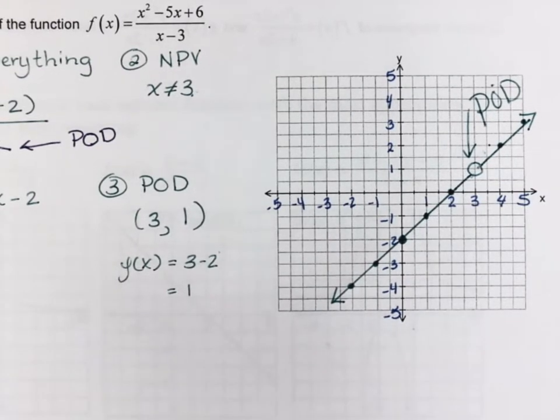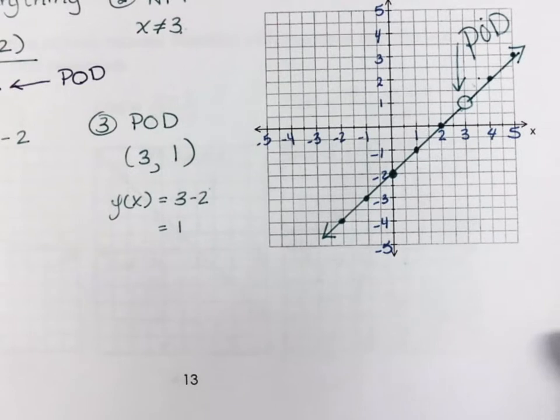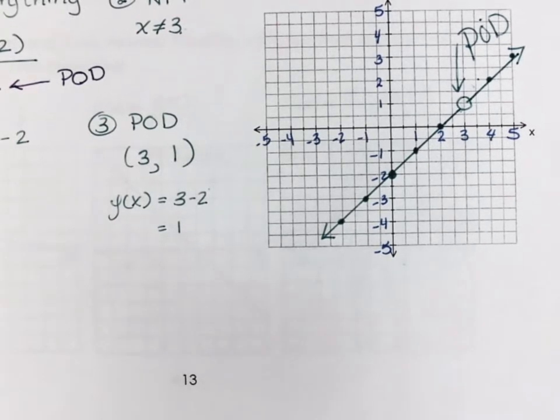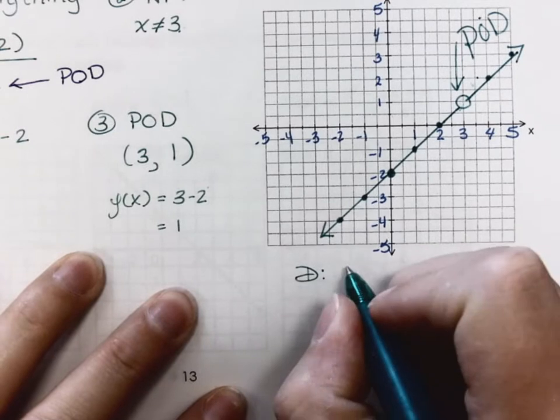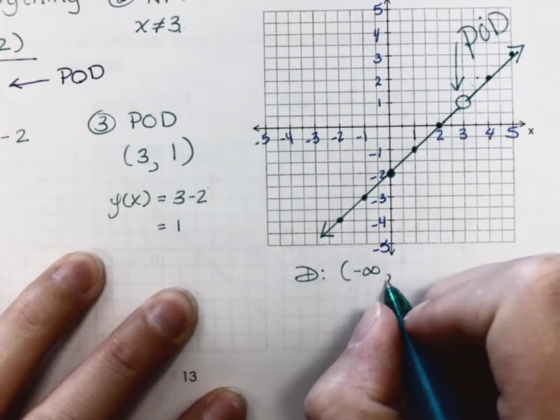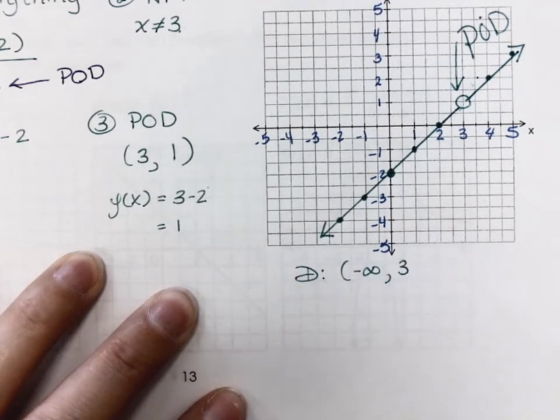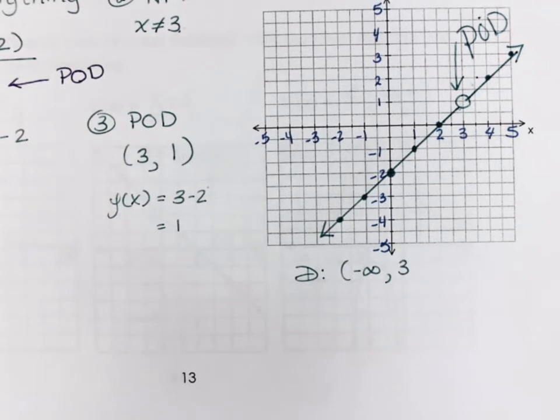Let's talk about our domain for this one. Because there's a break in the graph, right? And what about your range as well? There's a break in your range. So our domain for this graph is going to go from -infinity to 3. Does it include 3?